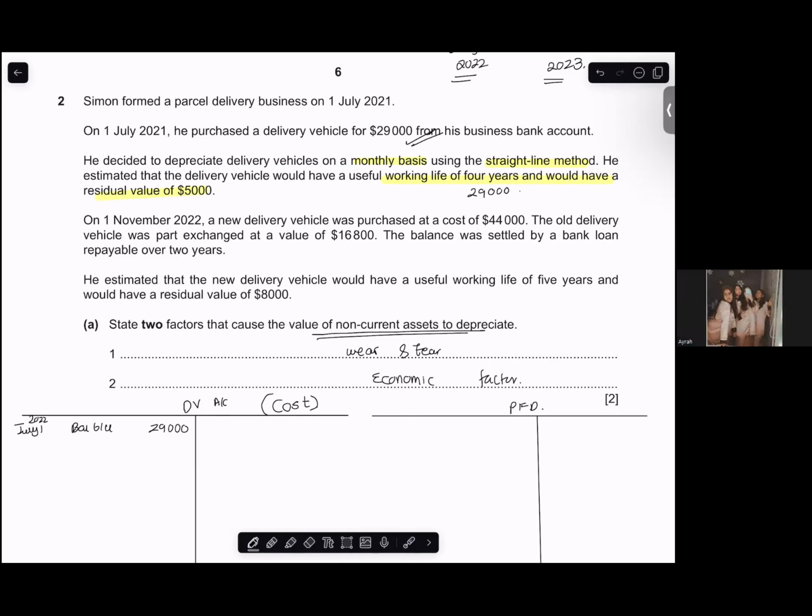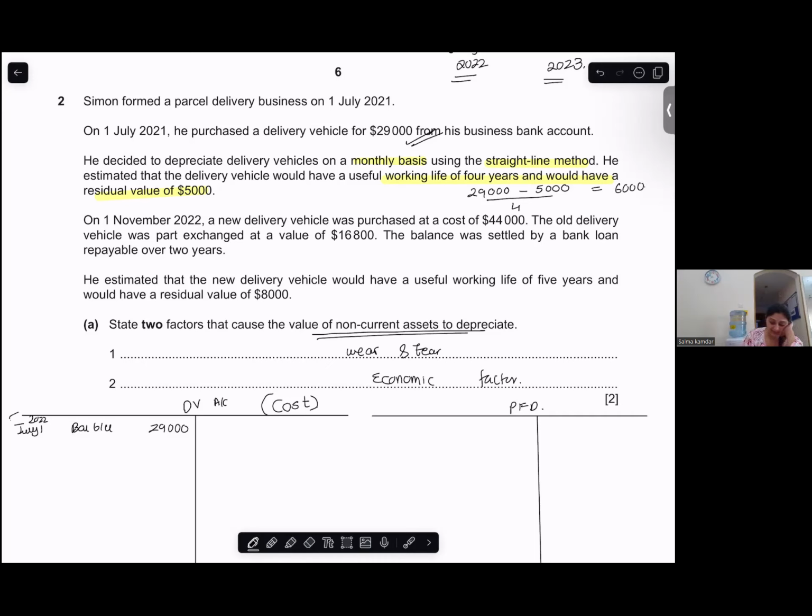It will have a residual value of 5,000 and an estimated useful life of 4 years. So can you tell me the depreciation per year? 6,000. Depreciation per year is 6,000.